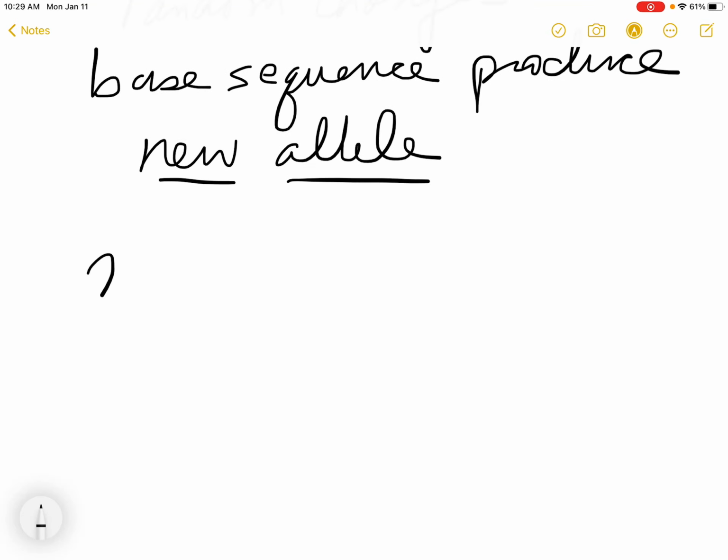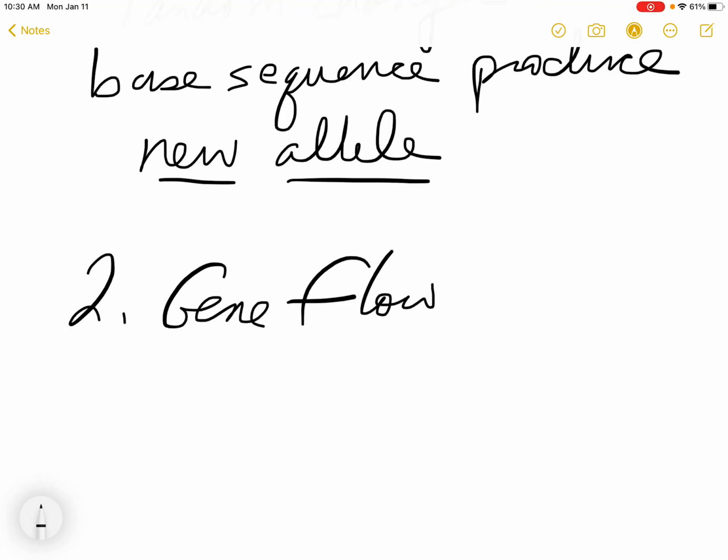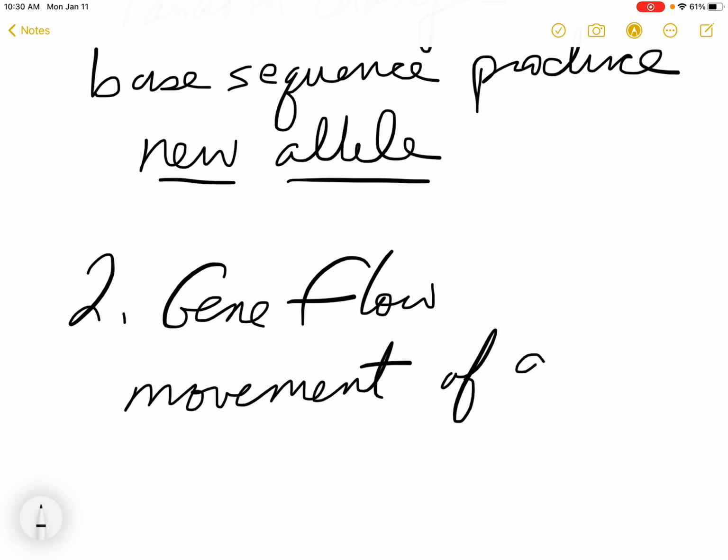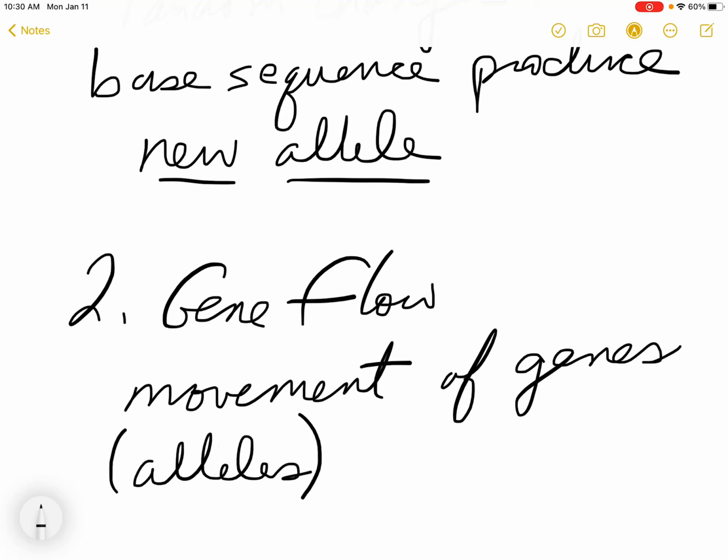Okay? Secondly, we have a concept of what's called gene flow. And this, of course, means the movement of genes between populations. Genes, or alleles. Technically, when we say alleles and genes, we mean the same thing, right?